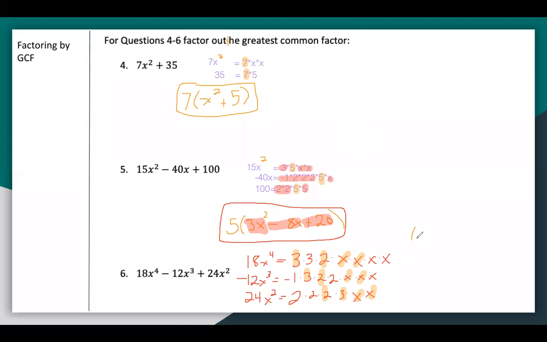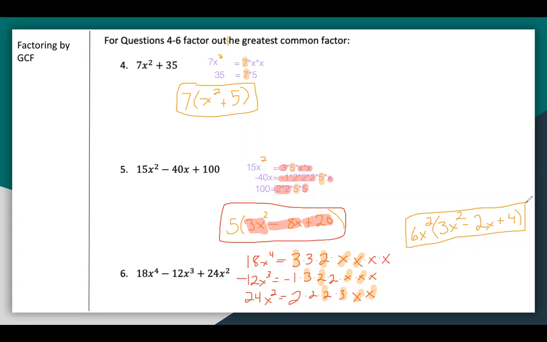So we're going to take out a 6x squared from each term. What is left in the first term? Well, what's left is 3x squared. What's left of the second term? We have negative 1 times 2 times x, which is negative 2x. And what's left of the last term? We have 2 times 2. That is 4. And this is our final answer.